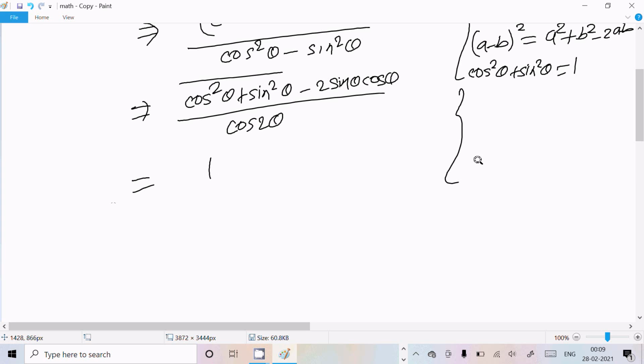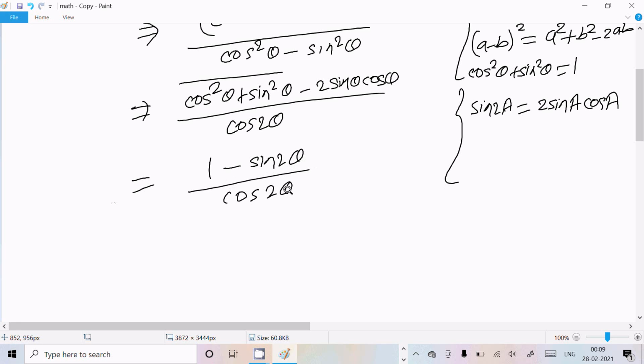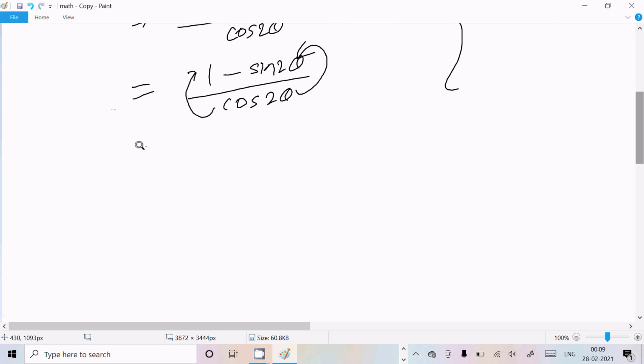Now you already know sin 2a equals 2 sin a cos a. So with theta, 2 sin theta cos theta we can write as sin 2 theta. Now with cos 2 theta in the denominator, it becomes 1 by cos 2 theta minus sin 2 theta divided by cos 2 theta.